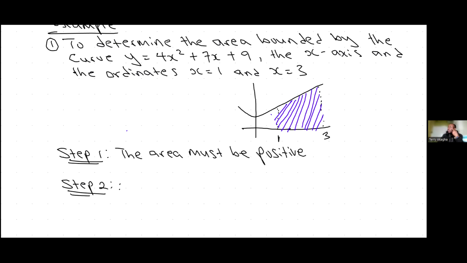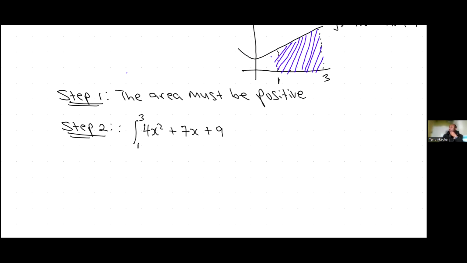This curve is y is equal to 4x squared plus 7x plus 9. That is the curve, right? So we're meant to integrate this: 4x squared plus 7x plus 9. As you all know already, the upper limit here is 3, and the lower limit here is 1. So we're going to integrate this.